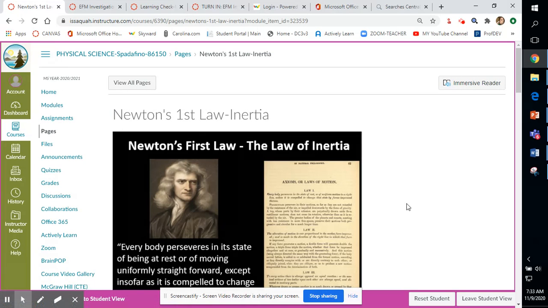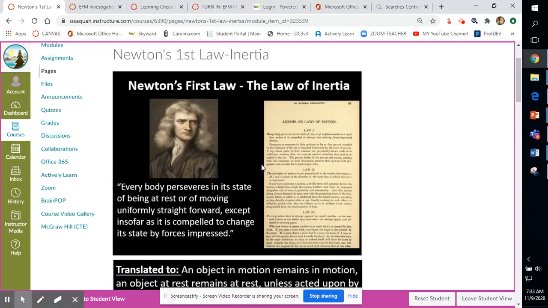All right, Newton's first law of inertia. If we were to open the Principia, which is the translation of Newton's book about his laws of motion, this is what one of the pages looks like. The first law actually says, every body preserves in its state of being at rest or of moving uniformly straight forward, except insofar as it is compelled to change its state by forces impressed.